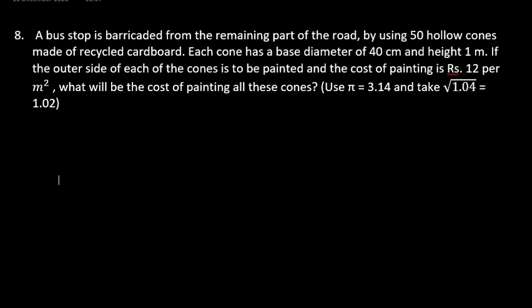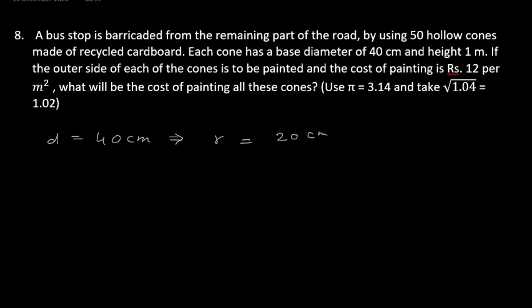Last question. A bus stop is barricaded from the remaining part of the road by using 50 hollow cones made up of recycled cardboard. So for the barricade, we are using cones. Each cone has a base diameter of 40 centimeter, so the radius is 20 centimeter.